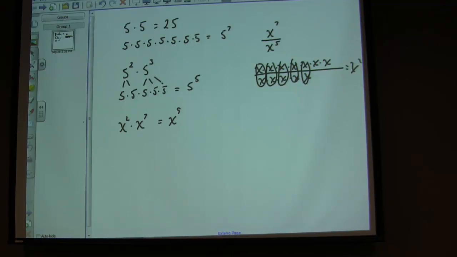Well, that brings us up to the last thing we need to look at here. What if instead of x to the 7th over x to the 5th, I actually had x to the 5th over x to the 7th.